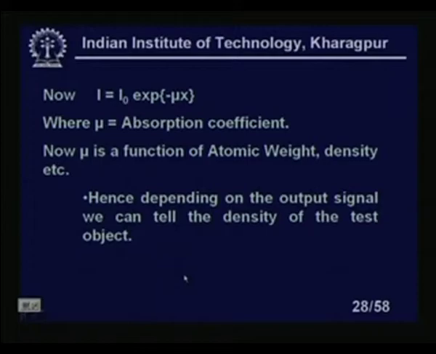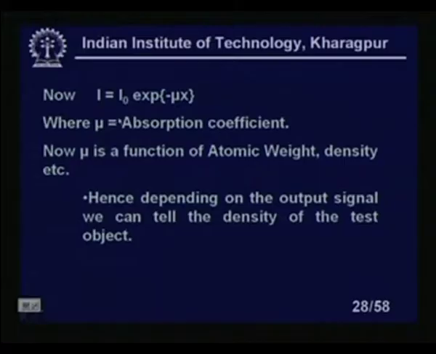By looking at the output signal, I can tell the density of the test object. If the density changes, the value of I will also be different. The atomic weight might be the same, but the density might be different.